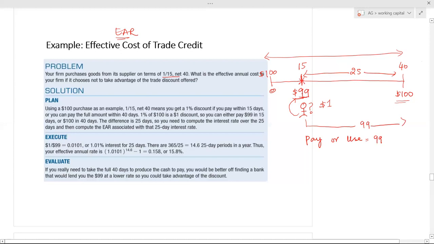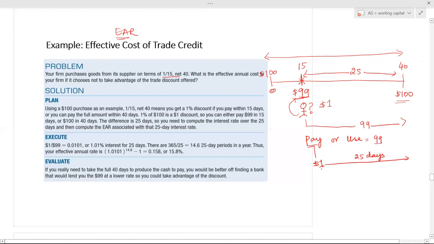So if you pay, you will get a return of $1, and this return is a return for how many days? For 25 days. You have received this return for not using the 99 for the remaining 25 days.